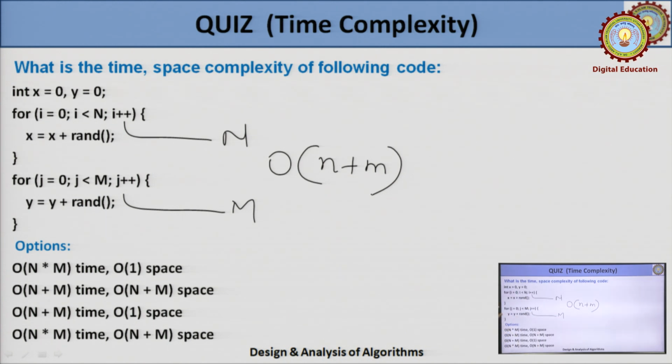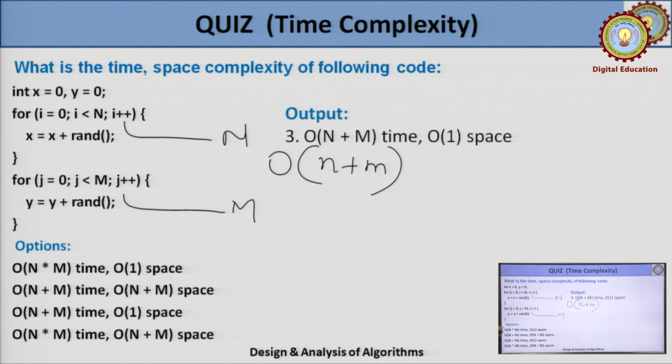As far as the space complexity is concerned, what would it be in this particular case? The size of the input was n, and other than this n, we have not used any additional memory space. Similarly, in the second loop, other than m, that is the array size, we have not used any additional memory space.